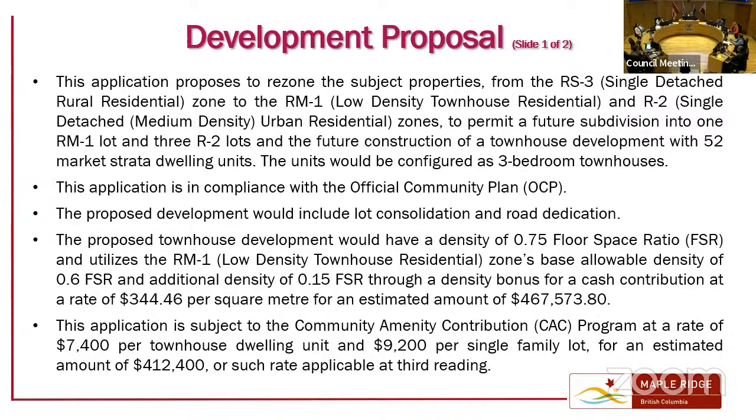This application is subject to the community amenity contribution program at a rate of $7,400 per townhouse dwelling unit and $9,200 per single family lot for an estimated amount of $412,400 or such rate applicable at third reading.